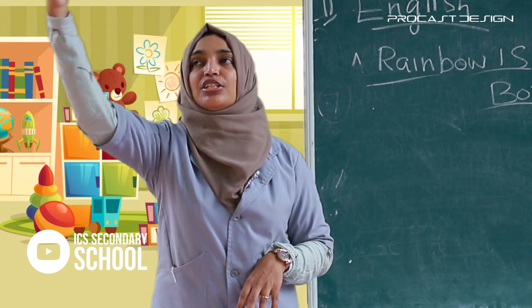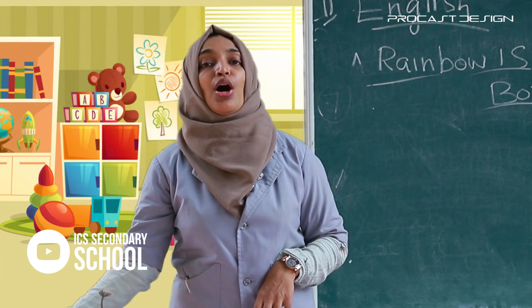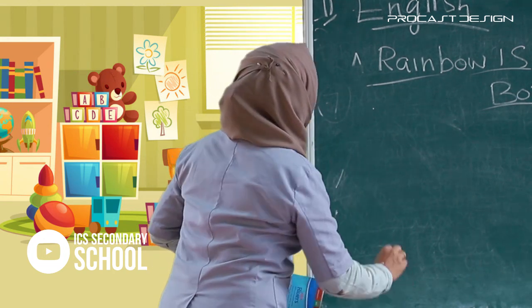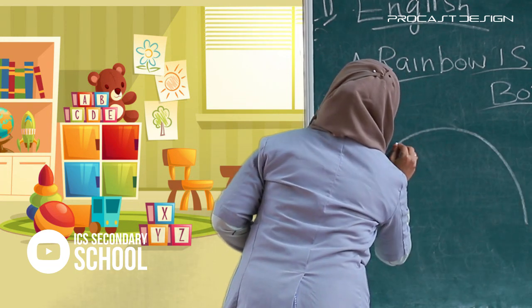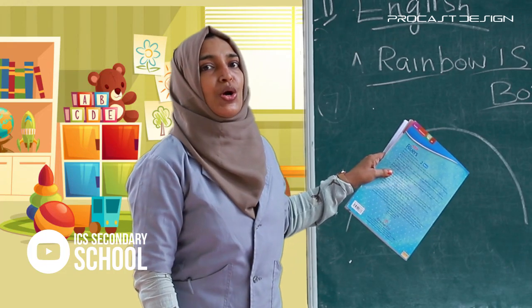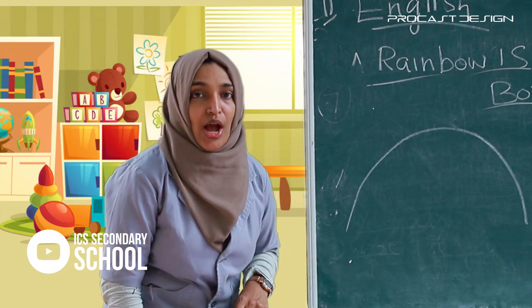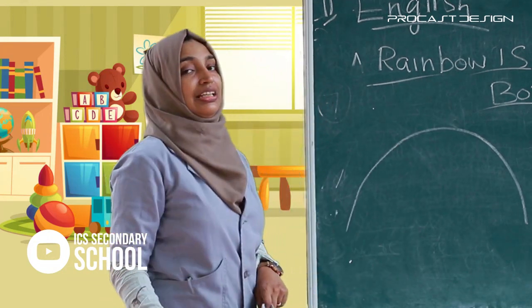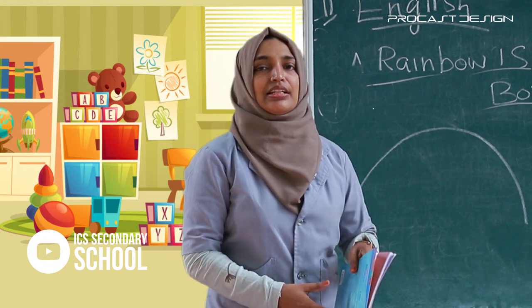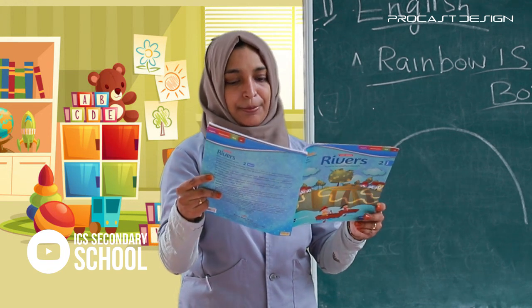She flew through the sky and drew a red band in the sky. Red band means this is the shape of a band, the shape of a rainbow. So she drew a band using red color. Band of red paint.